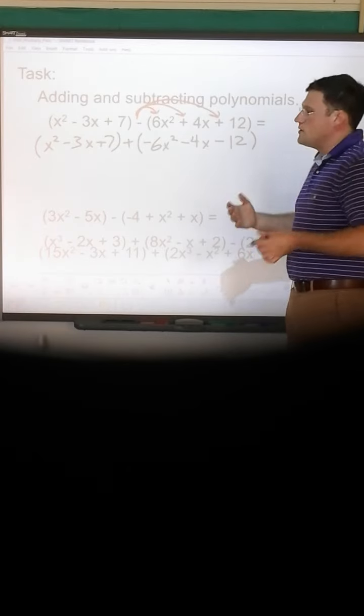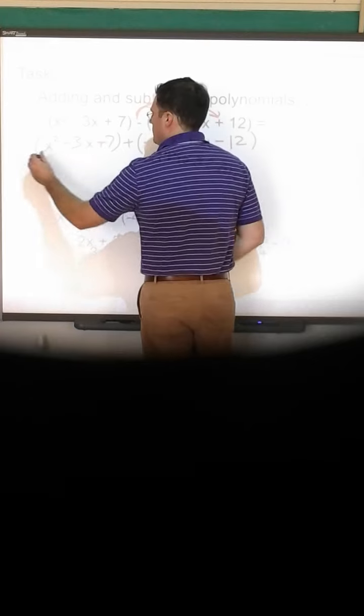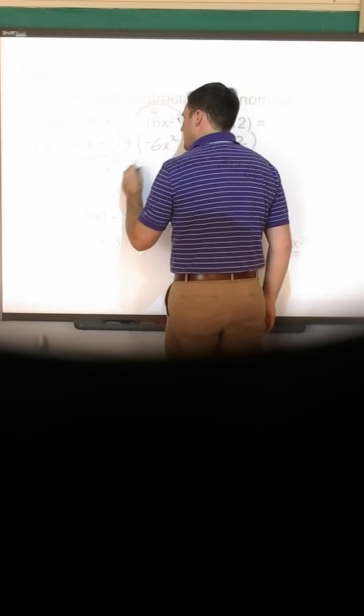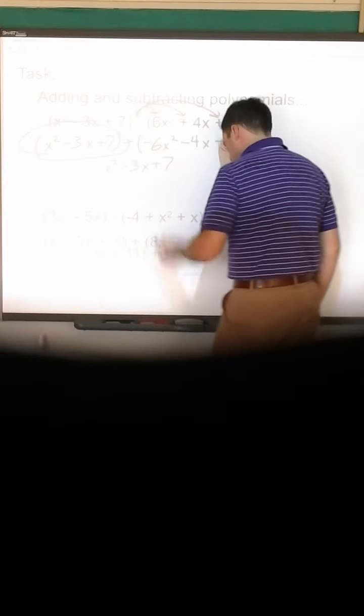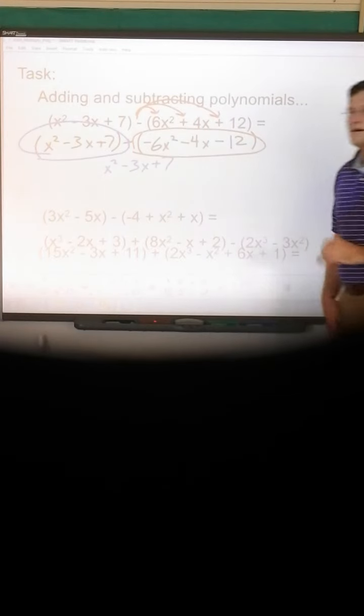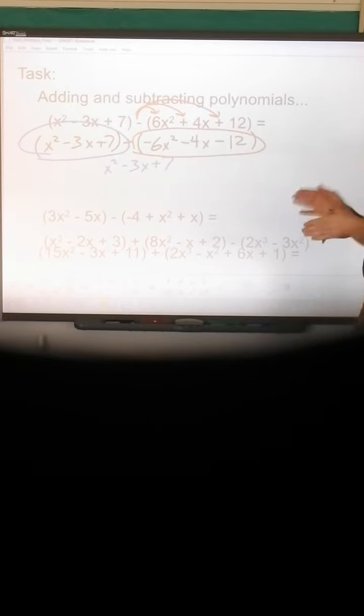So what I'm going to do is I'm going to stack it like I did before. So I'm going to take this expression I have, x squared minus 3x plus 7. Then I'm going to take this expression, okay, stack it underneath, make sure I line up my like terms in the same column.